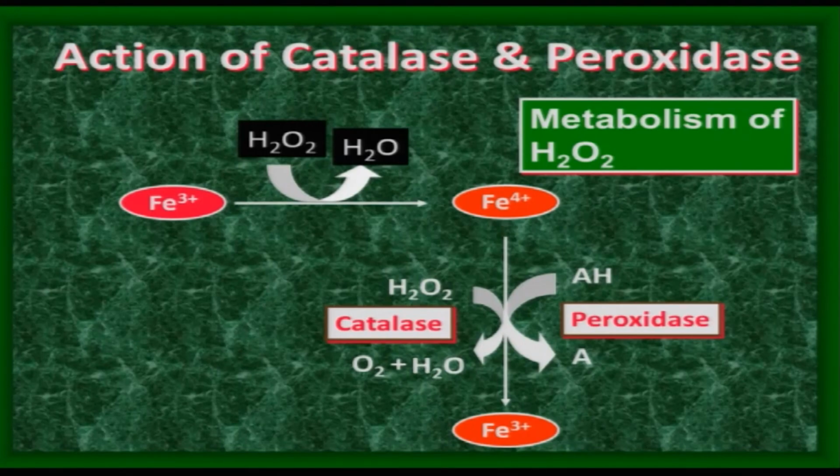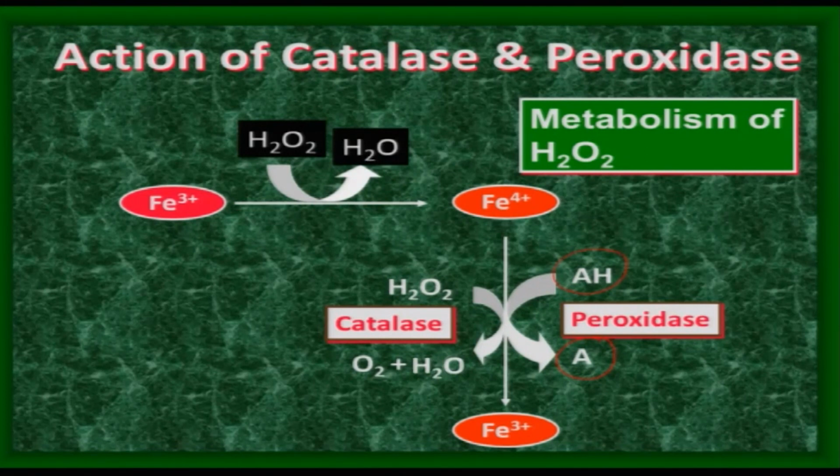In the case of catalase, hydrogen peroxide is the substrate which converts to oxygen and water, whereas in peroxidase the substrate is oxidized to a very useful oxidized product and the enzyme converts back to the iron 3 heme center, which is again oxidized to iron 4 and goes back to iron 3. So, iron 4 is a common intermediate for both catalase and peroxidase.